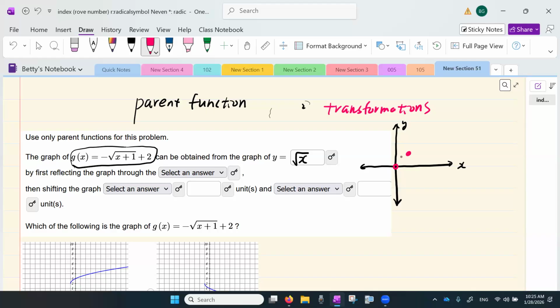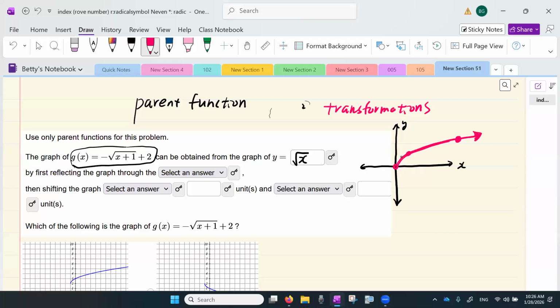But root 2 is irrational, around 1.414, but it's not convenient, right? Then you would want to consider when x equals 4. When x equals 4, square root of 4 equals 2, right? When x equals 9, it is 3. So you can find as many points as you want, and you will see the parent function, square root function, looks like this.